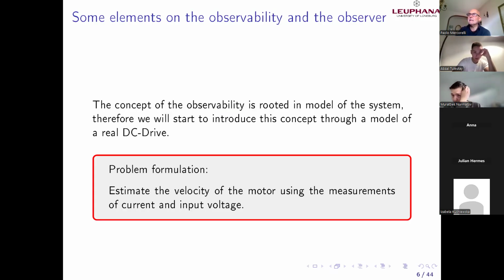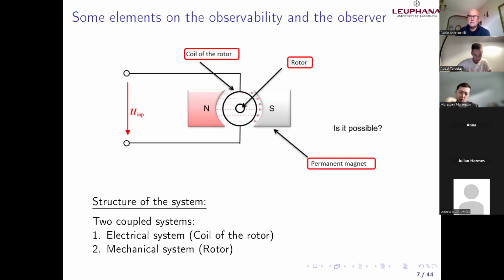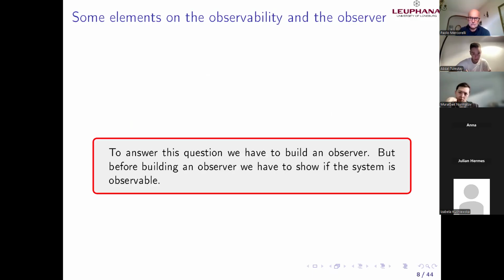Or if you think about the bank, is it possible to estimate assets of the bank measuring my input money and the liability? At this moment I told you about just these two possible systems. The question is whether it is possible if I can be an observer.